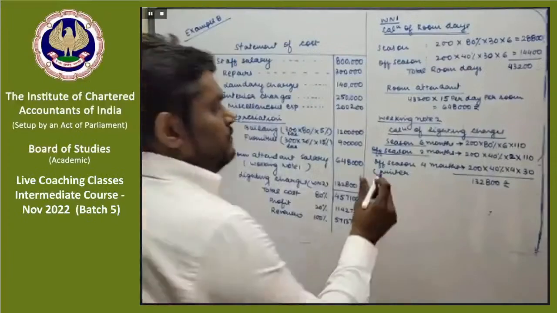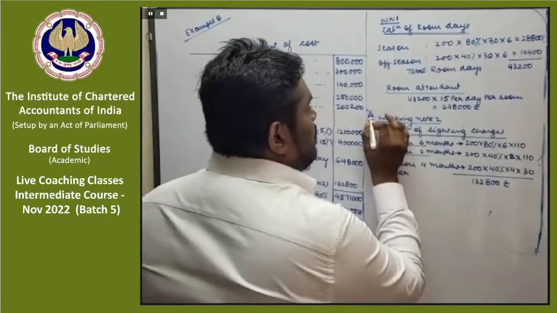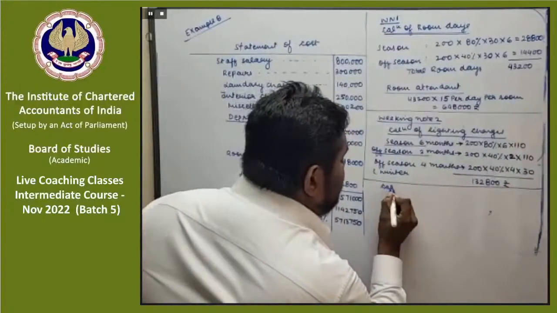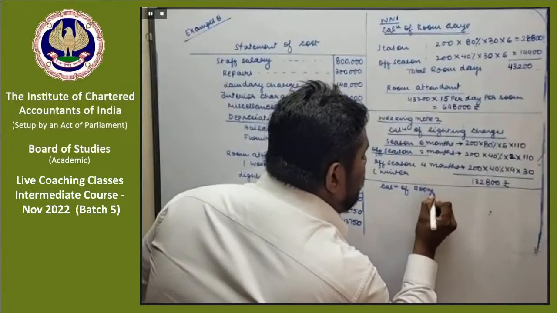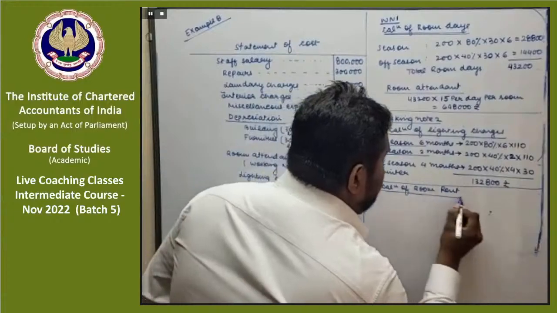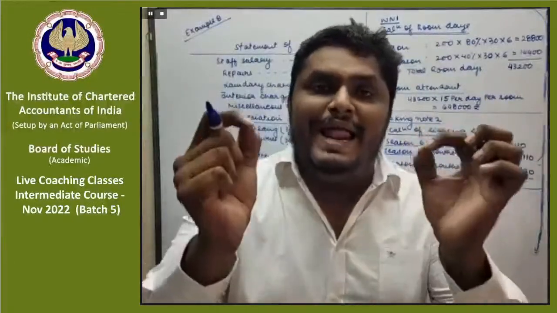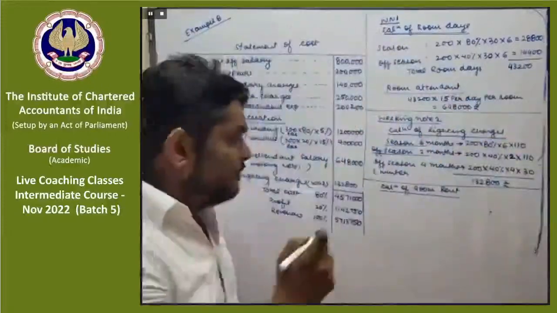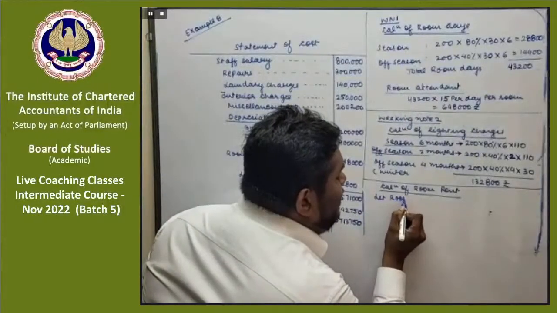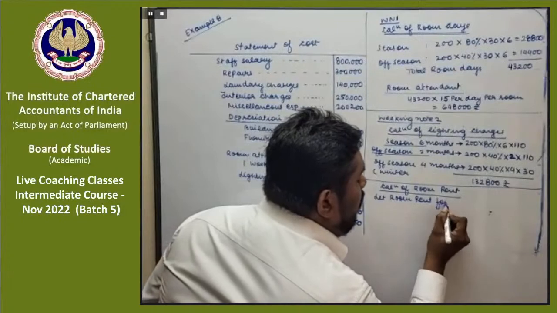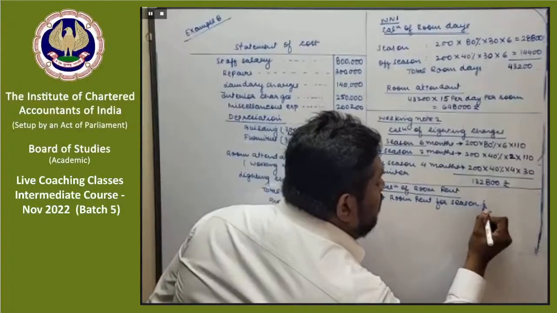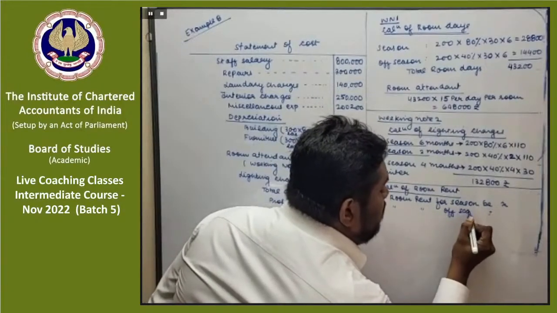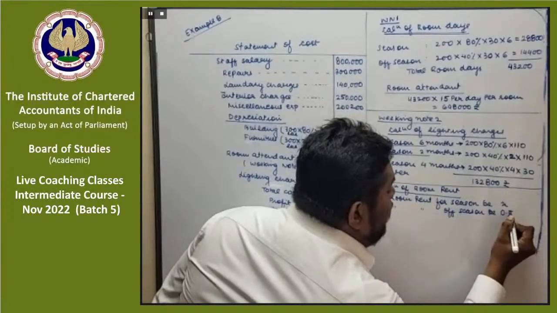Now, the calculation of room rent. Let the room rent charged during the season period be X. So for off season, it will be 0.5X.